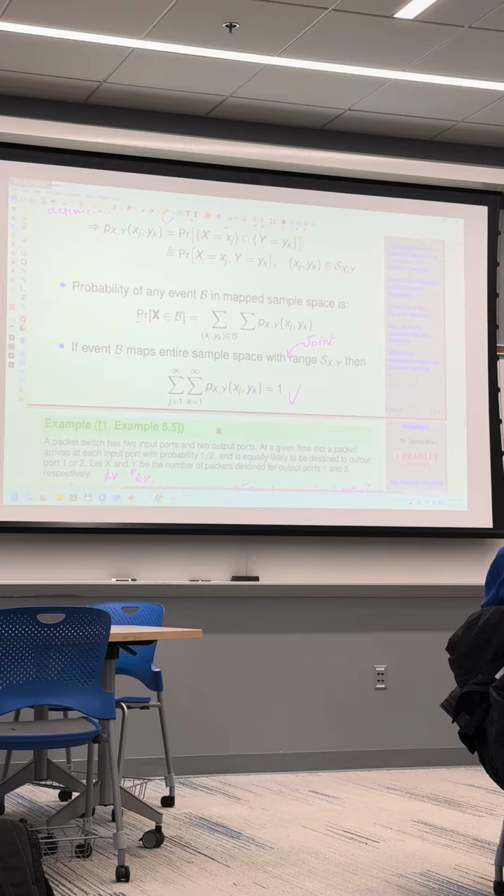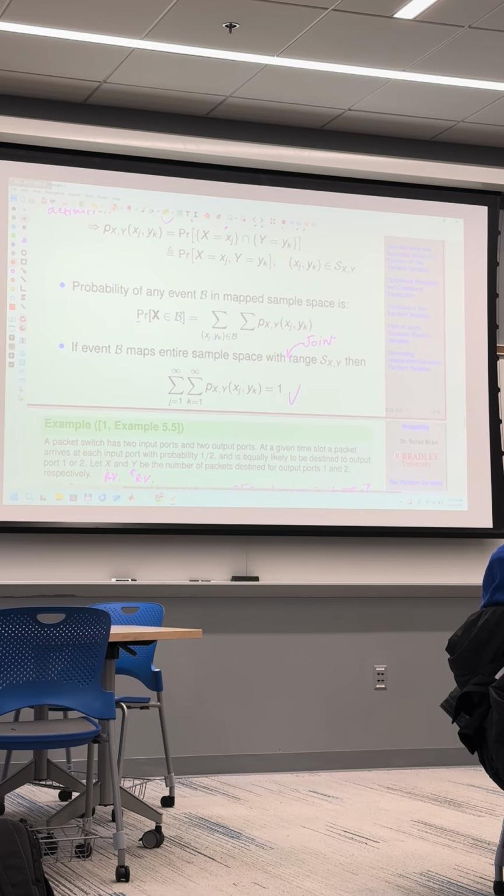Okay, so look guys, how I make use of this formula. So now I know the PMF. If I know the PMF of x_j, y_k, so you have two values, now you make a double summation.